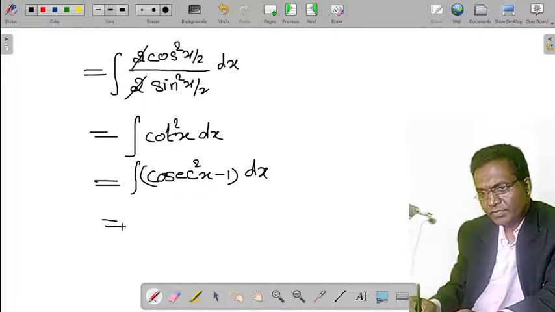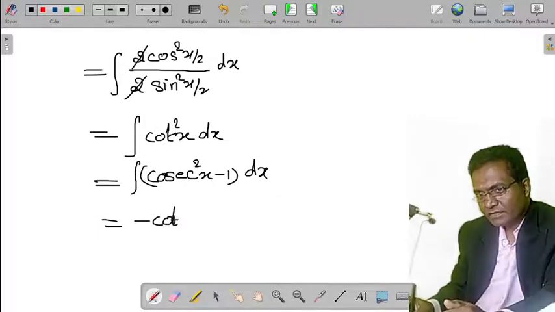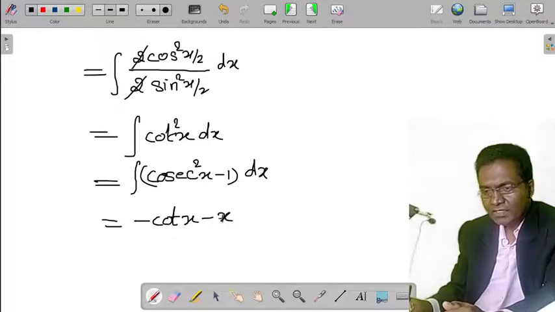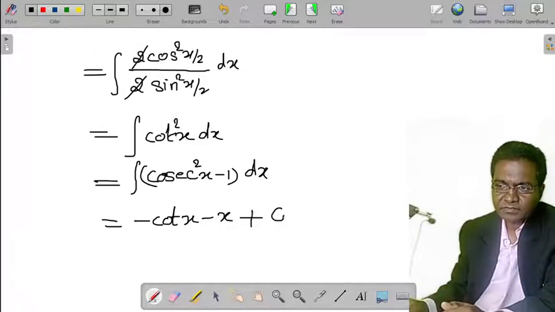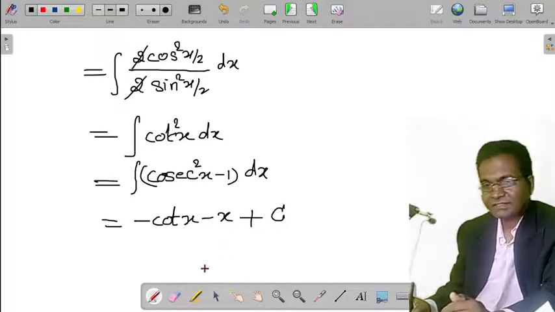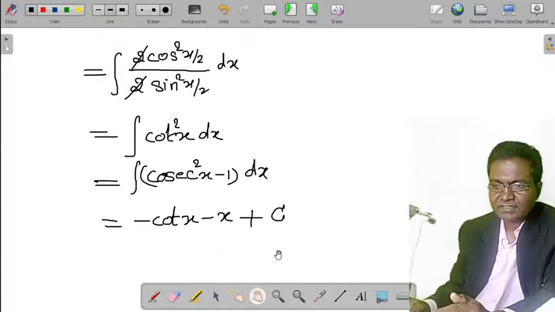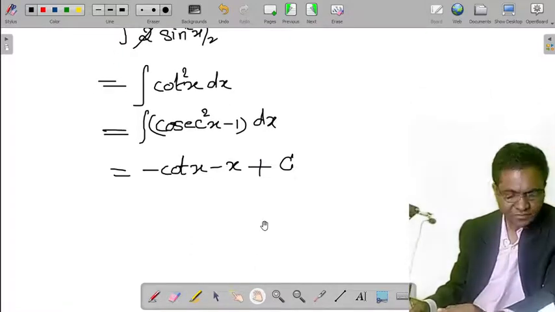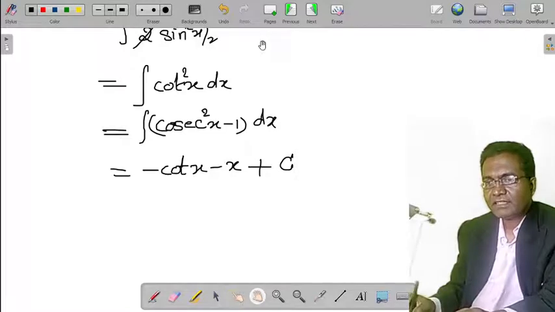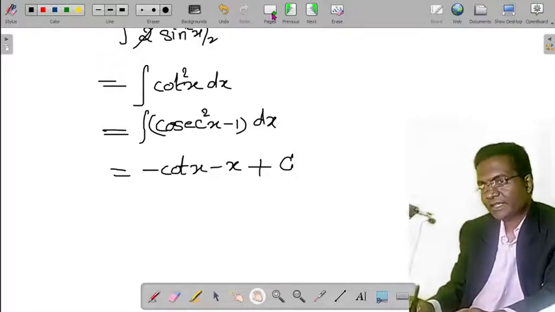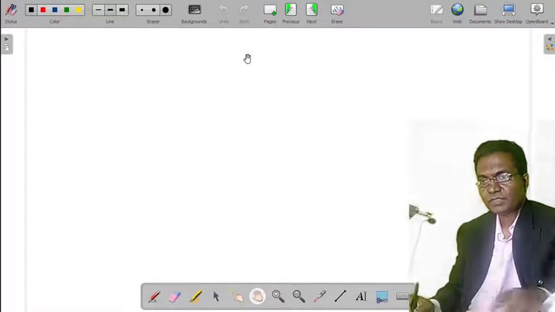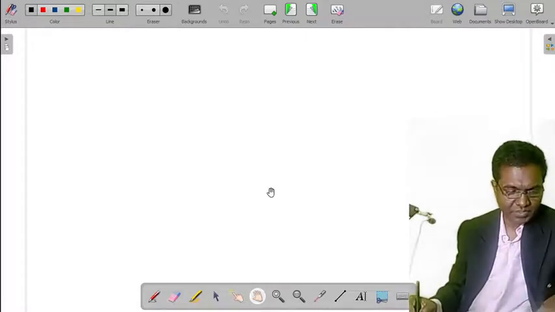So this is equal to integration of cosec square, which is minus cot x, integration of 1 is x plus c. So let's have another example.